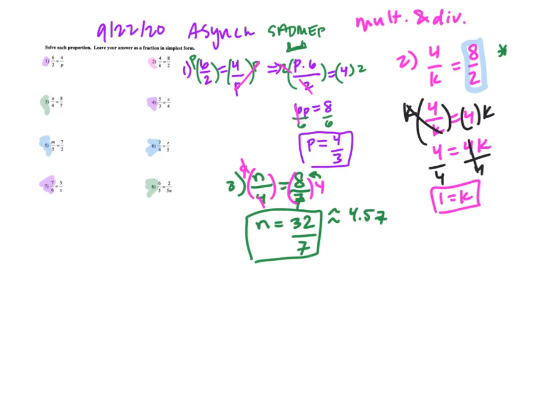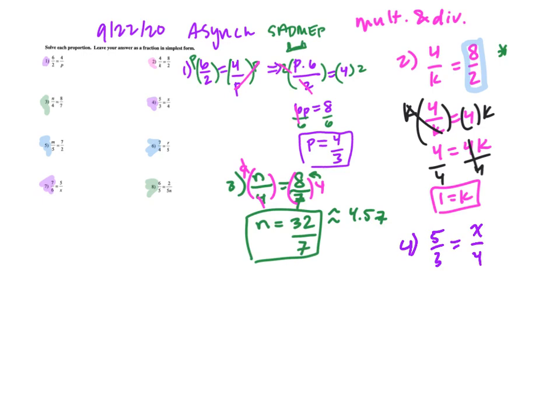Okay, let's look at number 4. 5/3 is set equal to x divided by 4. Same thing as number 3. I really only have to multiply once, which is amazing.